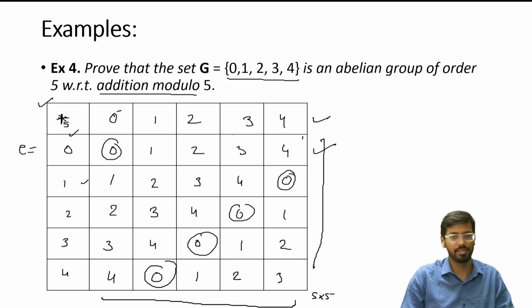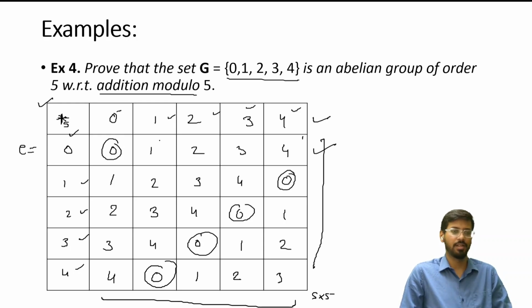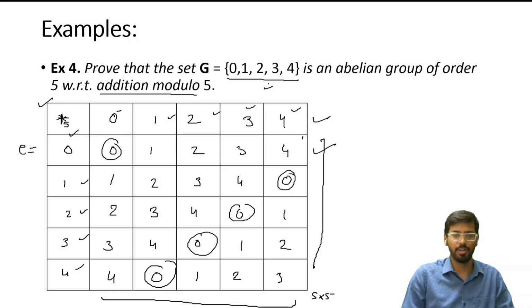Now 1 has the inverse 4, and 2 has the inverse 3. 3 has the inverse 2, and 4 has the inverse 1. So all elements of that set have an inverse in the same set. So inverse property is also satisfied.